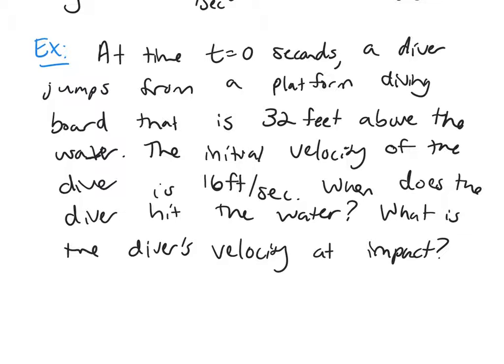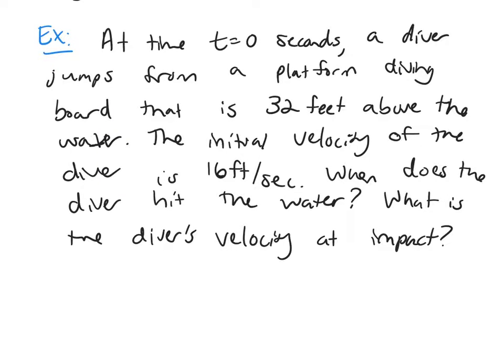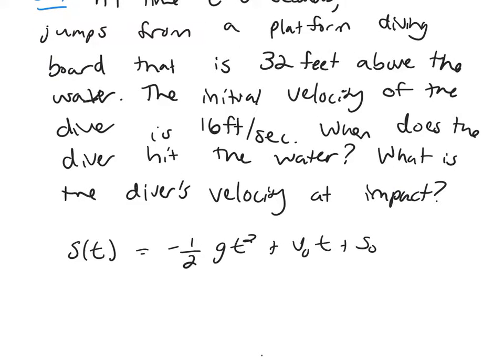So let's identify what our equation would be. Here I'm using feet, so g would be 32. Let's write down our position formula. S of t is negative 1/2 gt squared plus v0t plus s0. So negative 1/2 times 32 t squared.